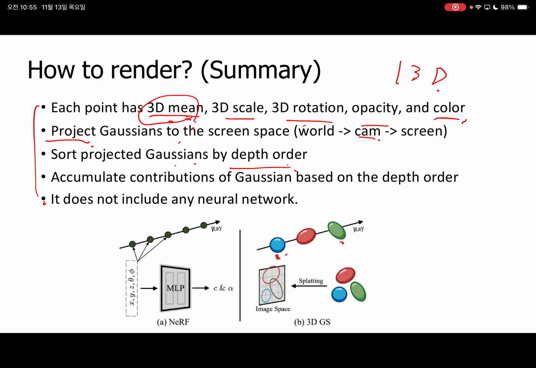This is the camera. This one might have a high contribution. This one might have a low contribution, because this green one is occluded by the blue one, right? The red one is occluded by the blue one. So for the contribution of all the 3D Gaussians, the blue one might be the highest and the green one might be the lowest.